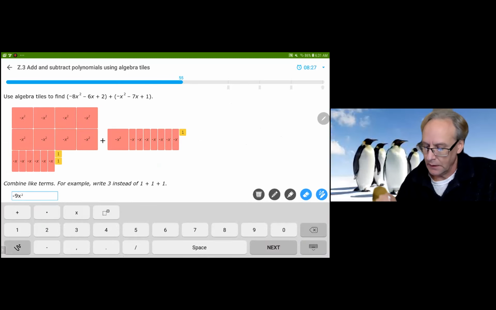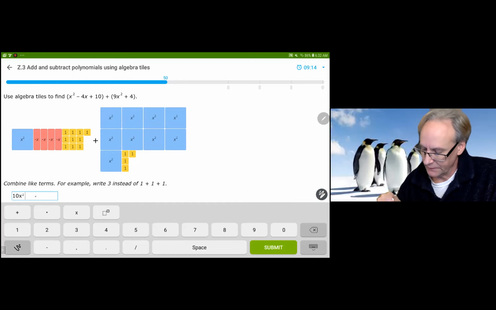Okay, looks like we've got, I'm just going to count them. We're adding them up. Let's see if I can keep from hitting the submit this time. We've got 8, 9, 10 x squareds. So 10x squared. We've got 4 negative x's, which gives us minus 4x. I need to space it out because otherwise it'll think it's a negative.